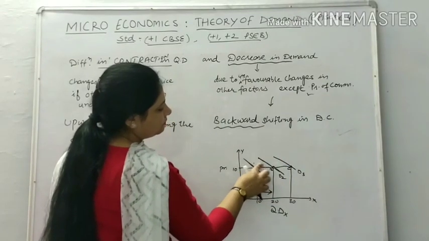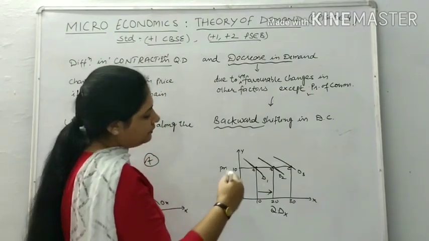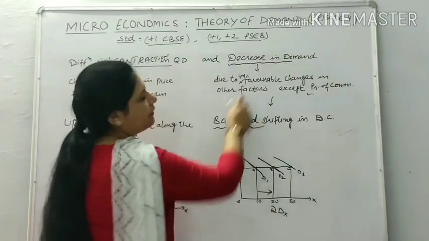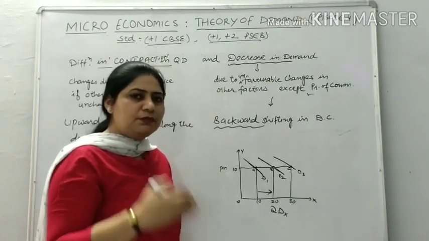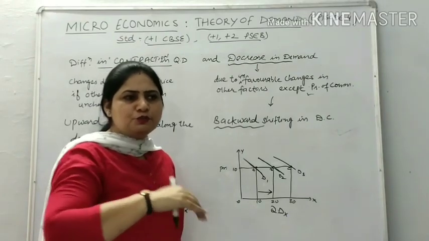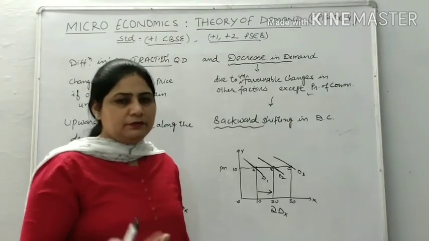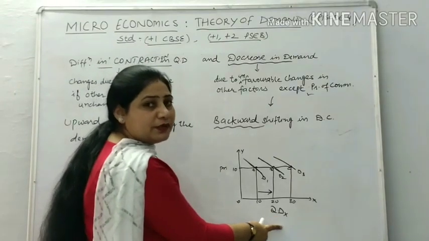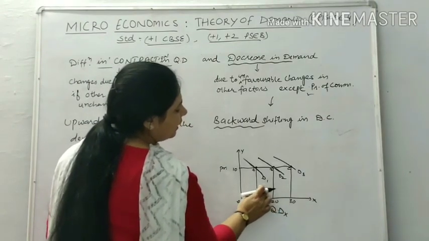Suppose at the same price of 10 rupees, in his first condition the consumer is demanding 30 units, but due to some unfavorable changes, maybe his income decreased, maybe the government policy of taxation changed unfavorably, or there is no fashion or trend favoring the purchase of this commodity, the consumer now decreases his demand.